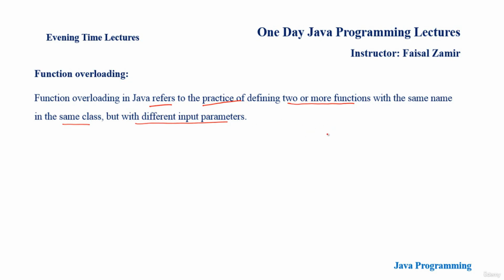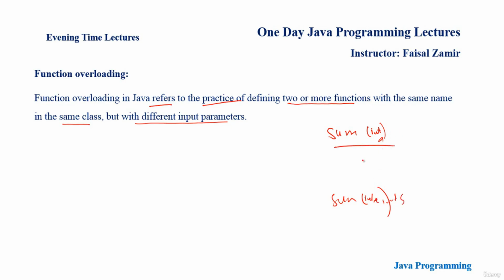So the function name will be the same. For example, if you create two functions named sum, you will get an error. What you have to do is make some difference in their parameters. For example, one contains only one parameter, int a, and the other contains two parameters, int a, int b.